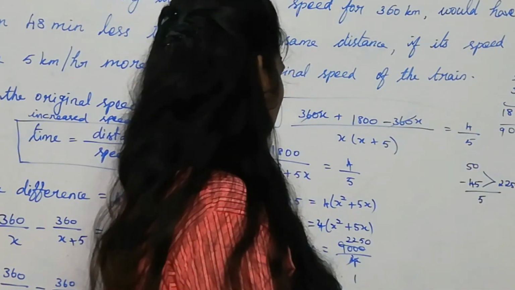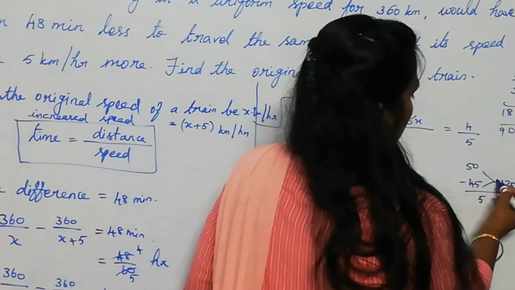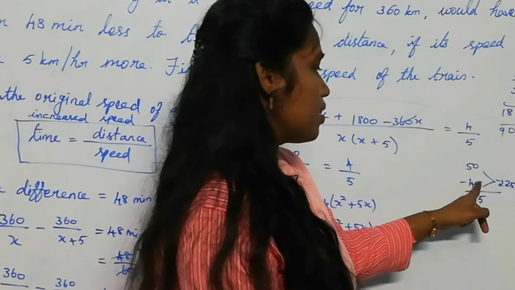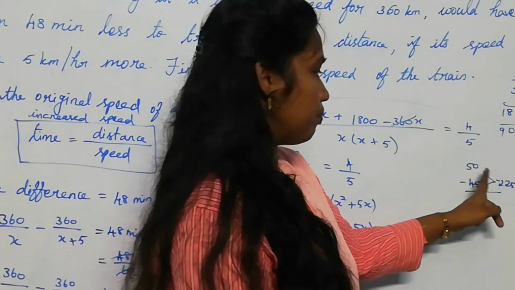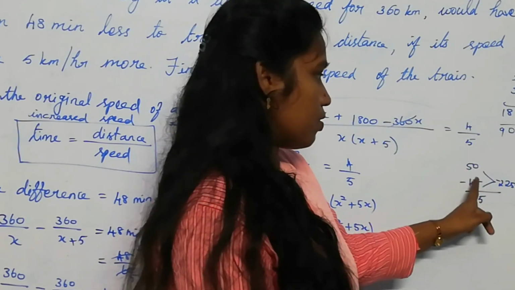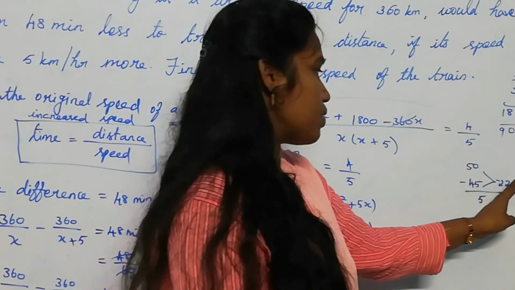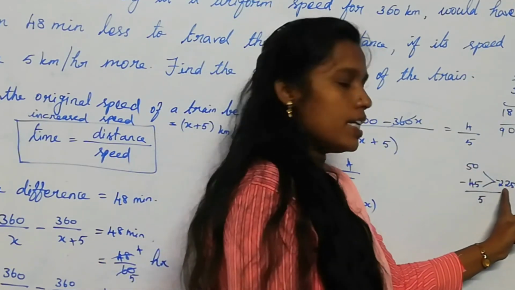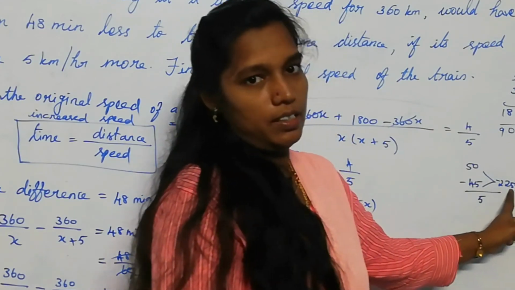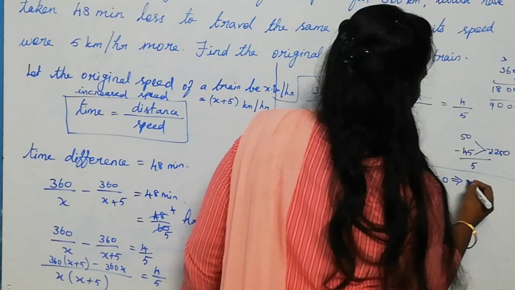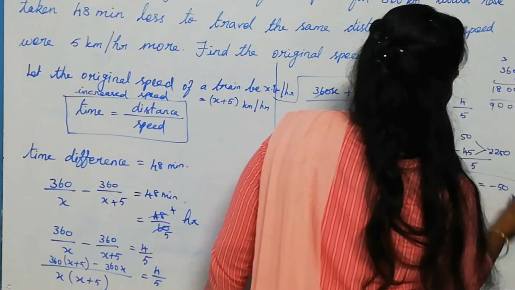Then we multiply this, 50 into 45 is 2250. So we get x plus 50 is equal to 0. Then what is x? x is minus 50.